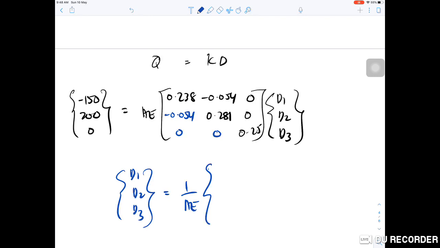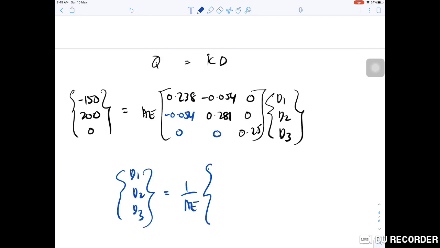I will put in the values. A1 is 0.238, B1 is negative 0.054, C1 is 0, D1 is negative 150.